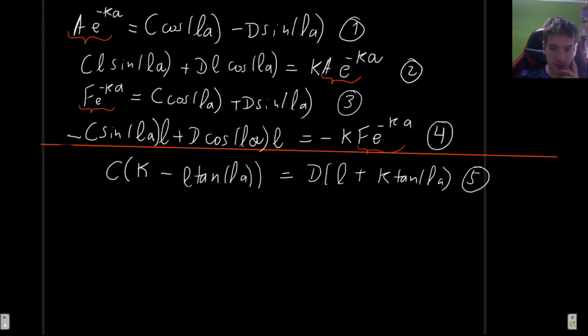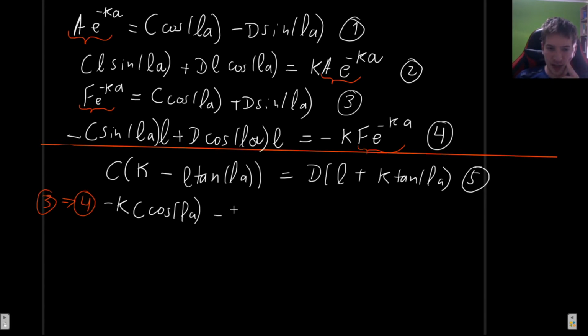Okay, so now that we have this equation 5, let us do the same, but instead of using equations 2 and 1, let us use equations 3 and 4. So we take equation number 3 and we plug it into equation number 4. So 3 into 4. So we're going to get minus k multiplying this entire thing right here. So minus k c cosine of LA.